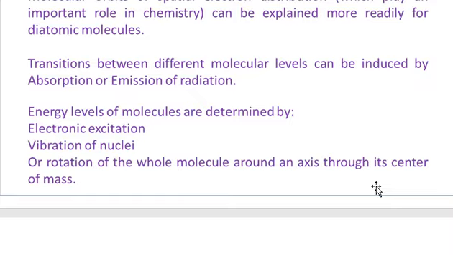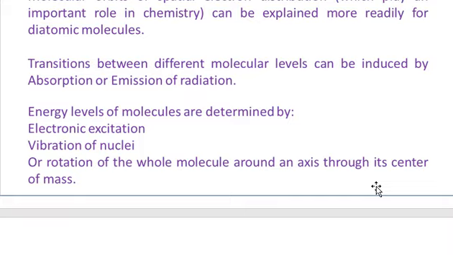So we shall consider three configurations: the electronic excitation, and corresponding to that we shall have the electronic levels. We shall discuss the vibration of nuclei, and corresponding to that we shall have vibrational levels, and the molecule will rotate about an axis through its center of mass, and then of course we shall be talking about the rotational levels.